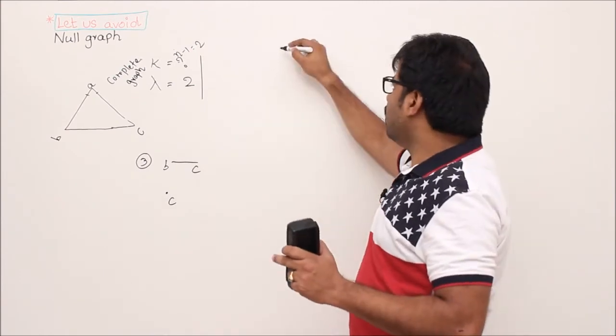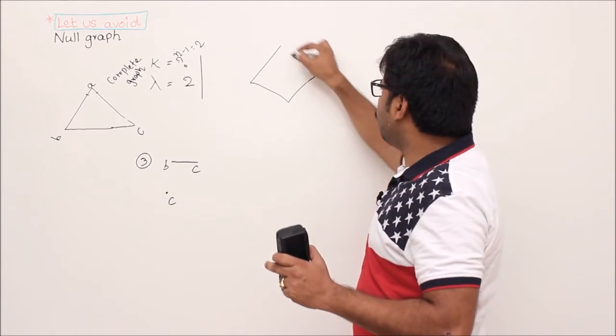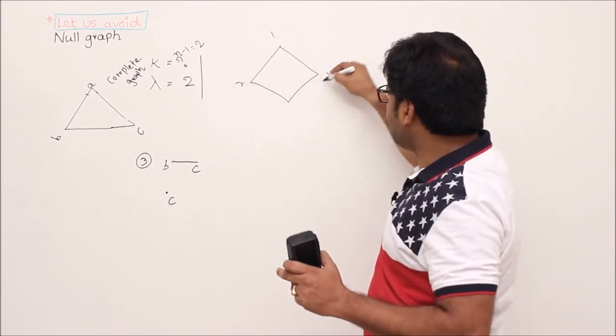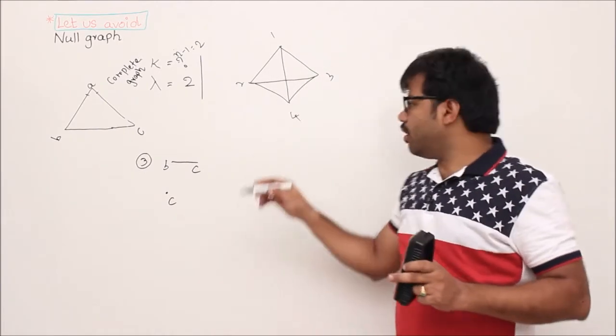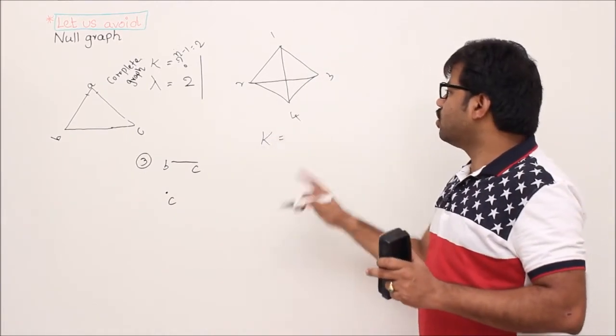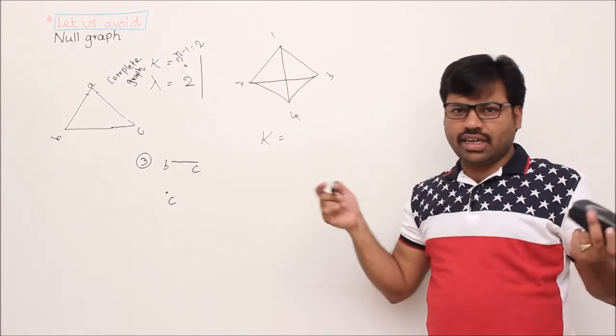One more example, let's take a complete graph with 4 vertices: 1, 2, 3, 4. For this graph, we know that whatever number of vertices you remove, the graph cannot be disconnected, right?